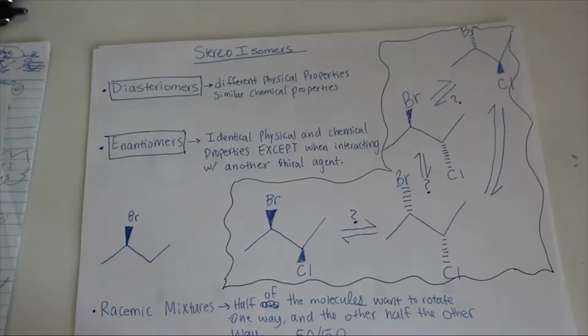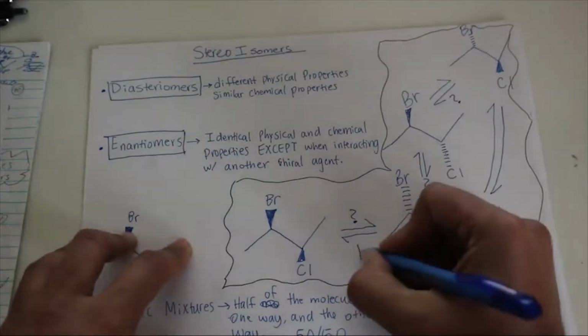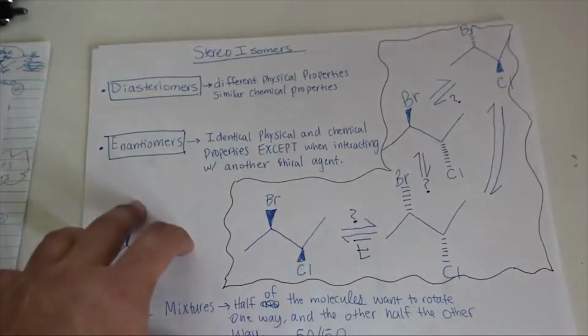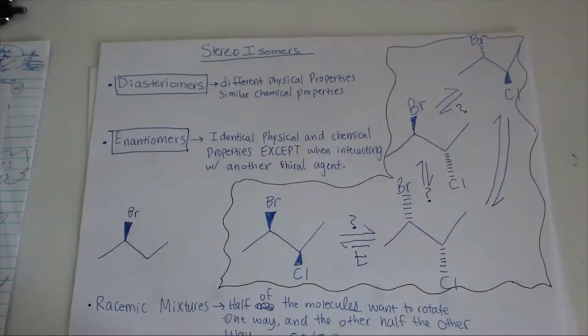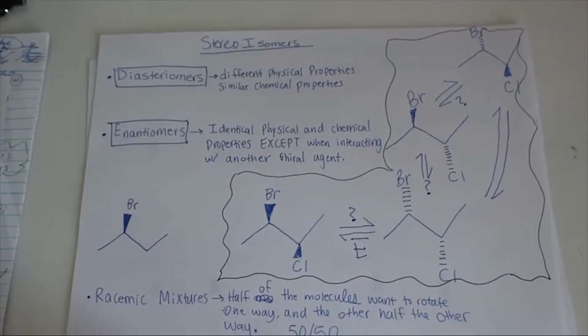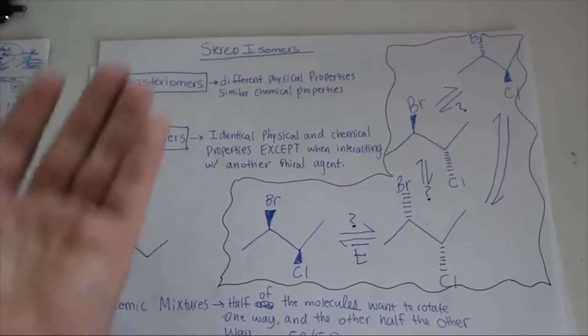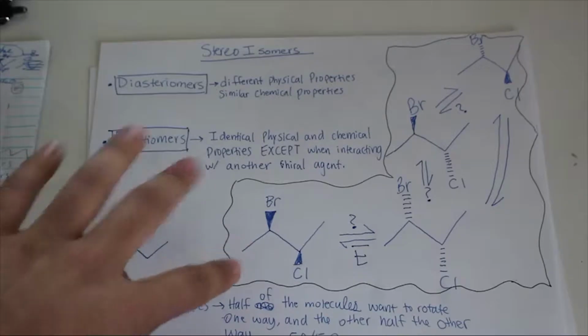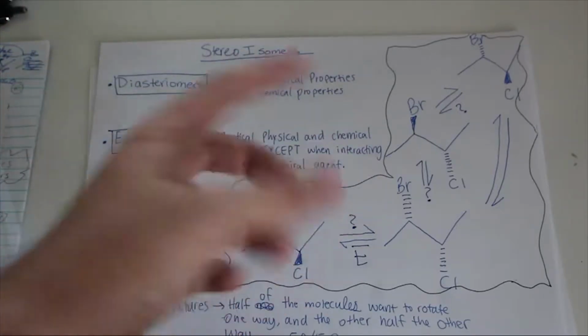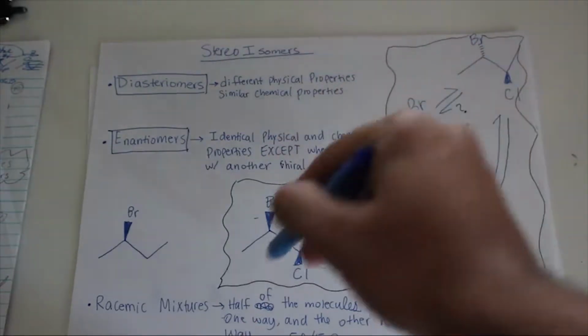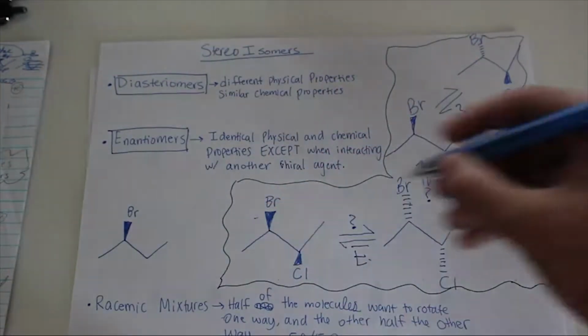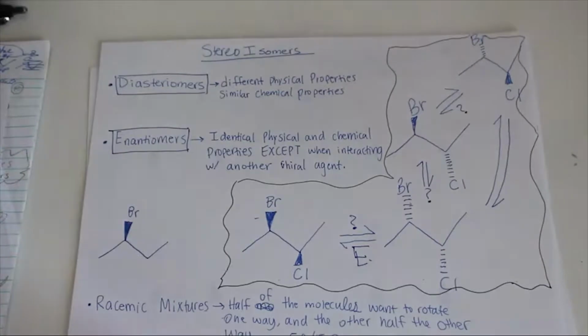So as you can see, these would definitely be enantiomers because they have identical physical properties. It's just flipped. So if you have two structures and one is shown with the exact opposite configuration, meaning both changed, then it's an enantiomer. Okay, I'll probably use a red pen for this.